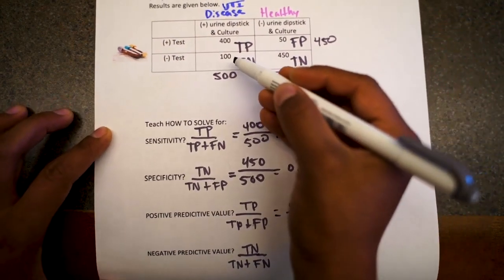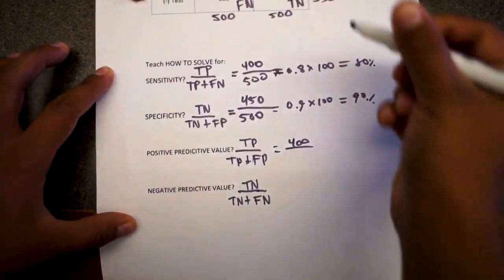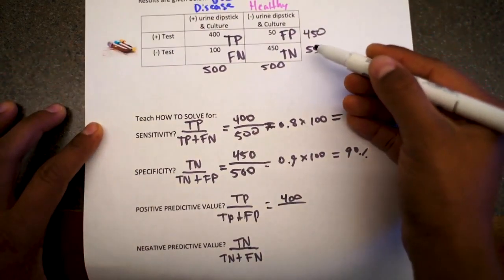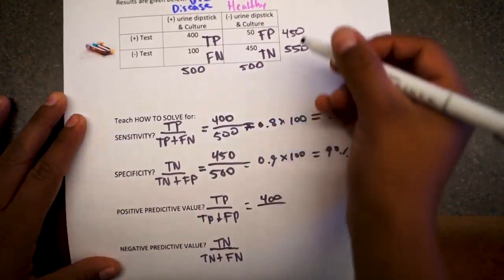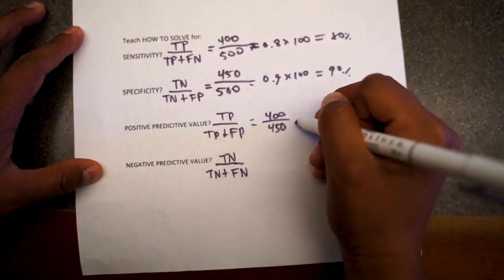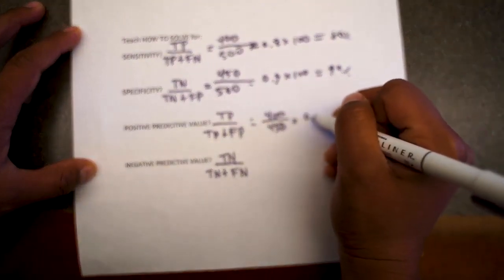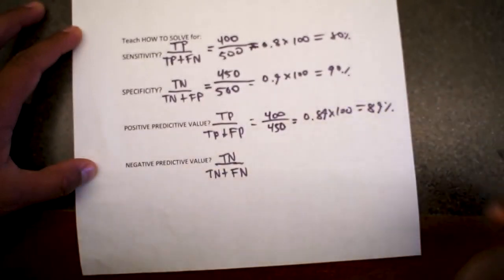And then all our negatives here, which are 550. That way I can come back later and use this for our negative predictive value. Anyway, like I said, all our positives are 450. So we plug that in. And we get 0.89 times 100 equals 89%.